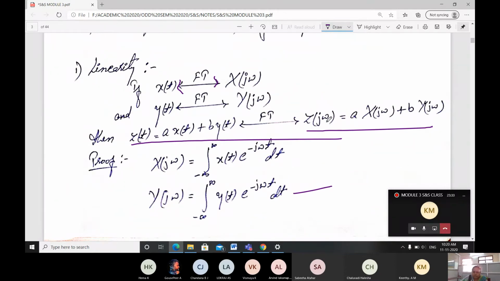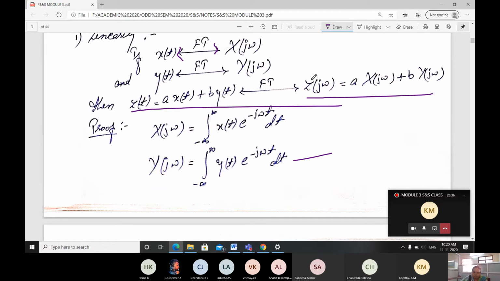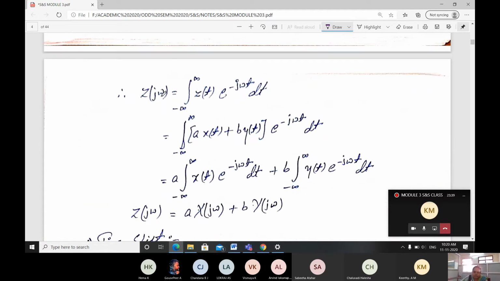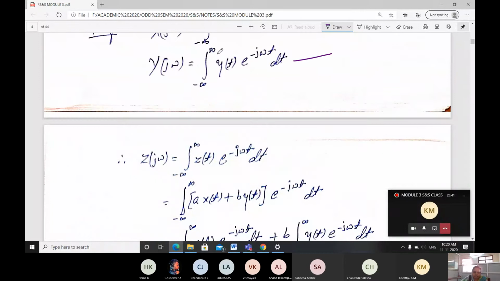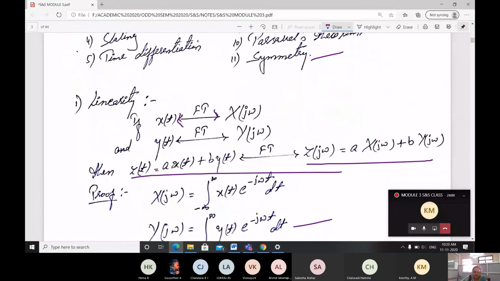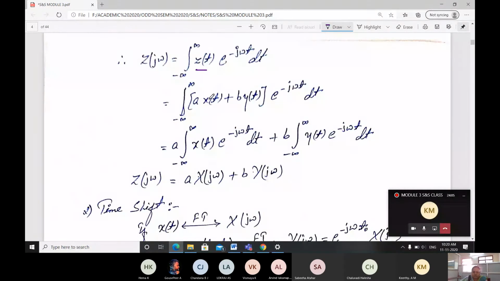Z of j omega is equal to, based on comparing here, integration from minus infinity to plus infinity, instead of x, I can write z of t e raised to minus j omega t dt. What is our z of t? We said it is a x of t plus b y of t, which you have to substitute here: a x of t plus b y of t into e raised to minus j omega t dt.